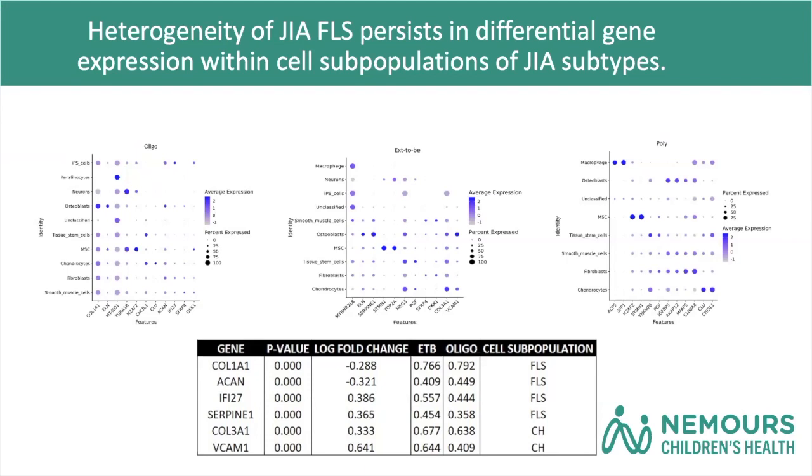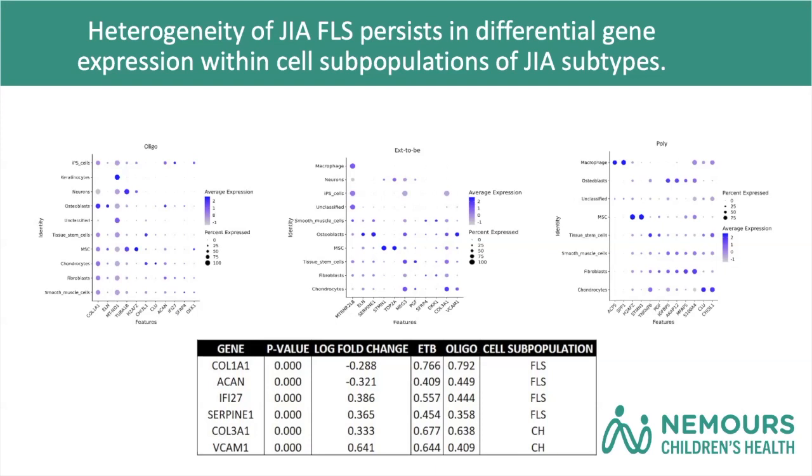Differentially expressed genes were revealed within cell type subpopulations between these subtypes of JIA, specifically the extended oligo downregulated collagen 1 and aggrecan, or ACAN, and upregulated IFI27 and SERPINE1 in the FLS-like cells when compared to the oligos, and collagen 3 and VCAM were upregulated in the chondrocyte-like cells in extended oligo when compared to the persistent oligos. Importantly, these genes encode secreted proteins.